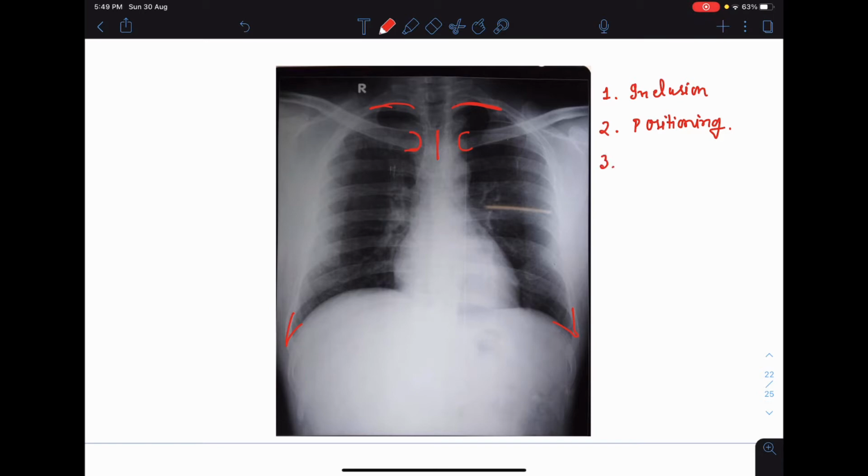Third thing is about the penetration. Penetration or proper exposure. Okay, how do you know the exposure is proper? That means there is no underexposure or there is no overexposure.